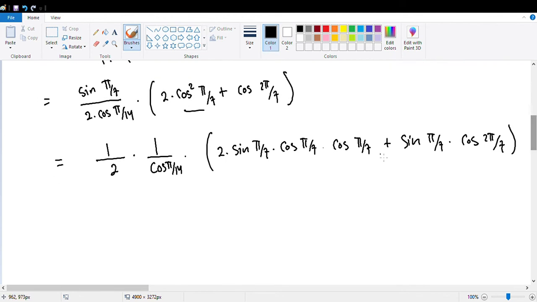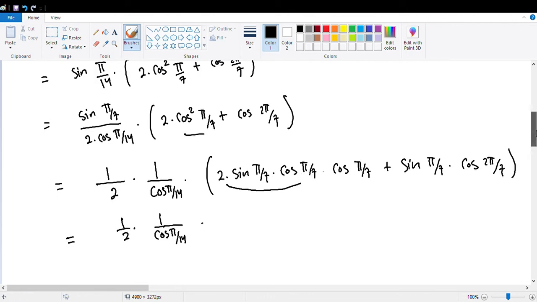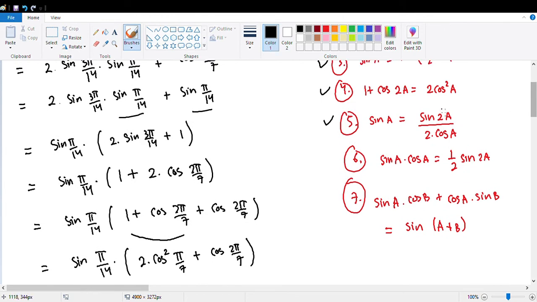Right. Now we will simplify this expression. You remember that 2 sine pi over 7 times cosine pi over 7 is this one, right?